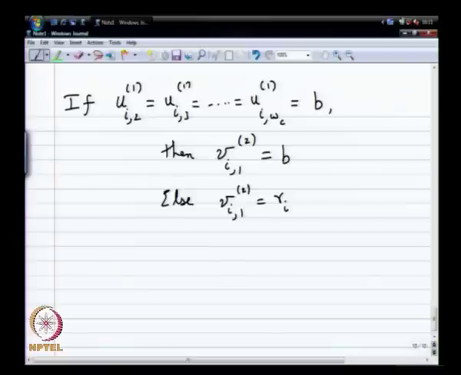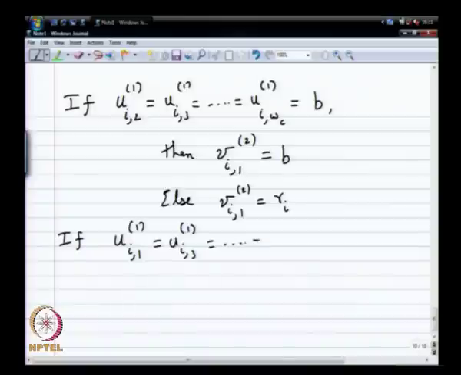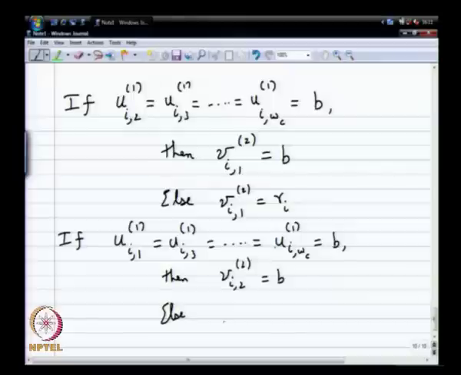Hopefully this is clear. So what will I do for Vi2? If Ui1 equals Ui3 and so on till UiWC equals a particular bit, then I will set Vi2 to be equal to that bit, else this will again be Ri.